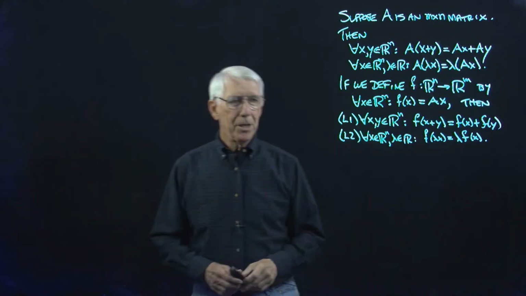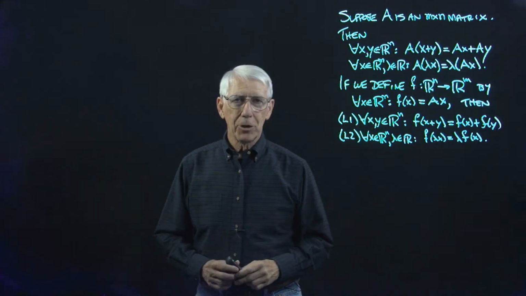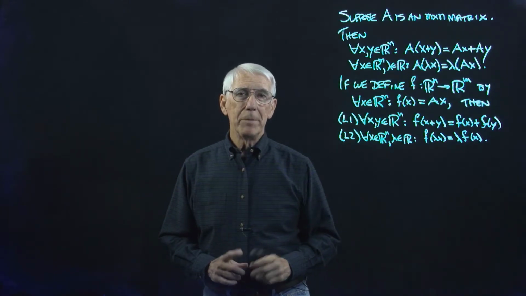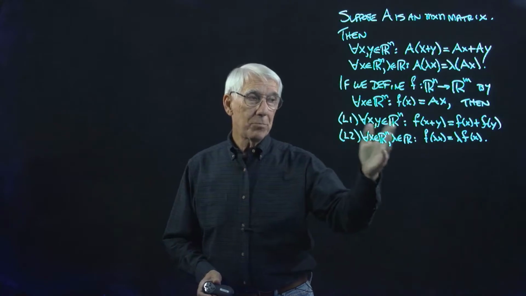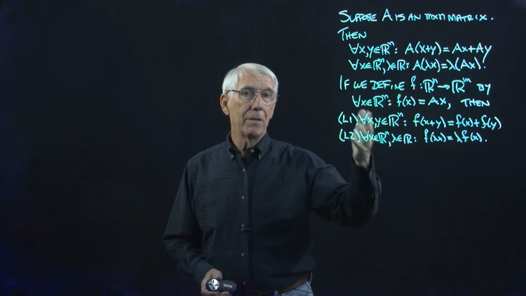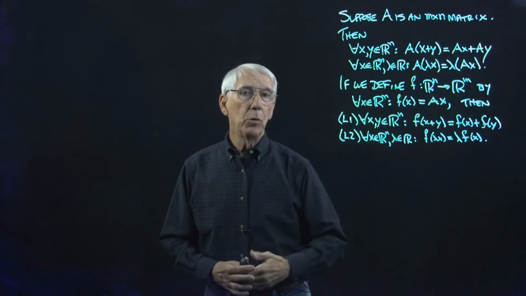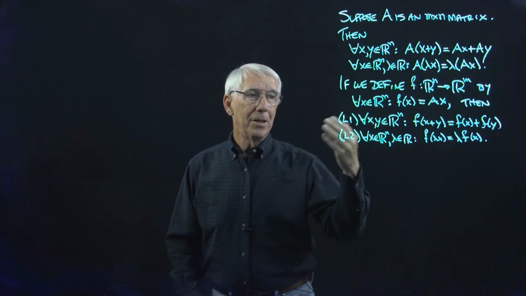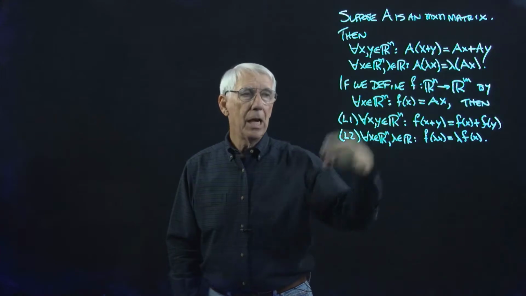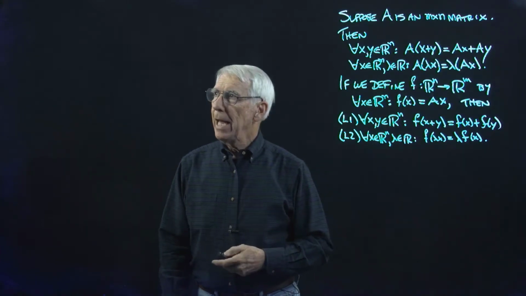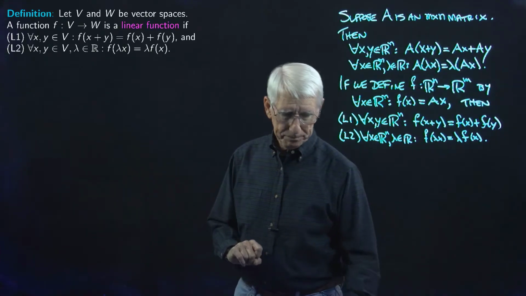So I think you are probably not going to be surprised to hear me say that because these properties show up in all of these contexts, we will elevate this result, you could think of it as a simple result here, to a definition. And so that's what we have over here.